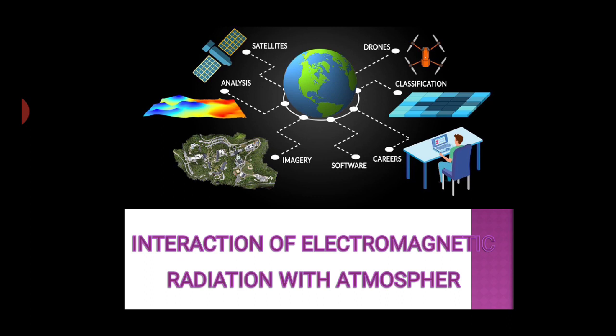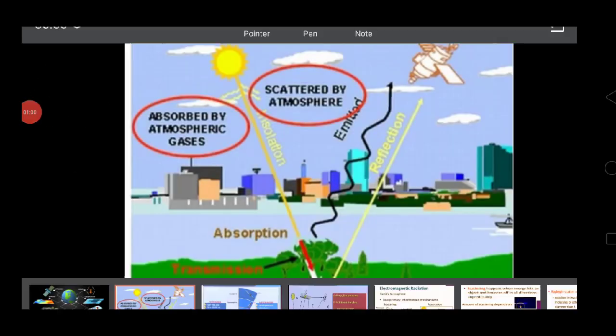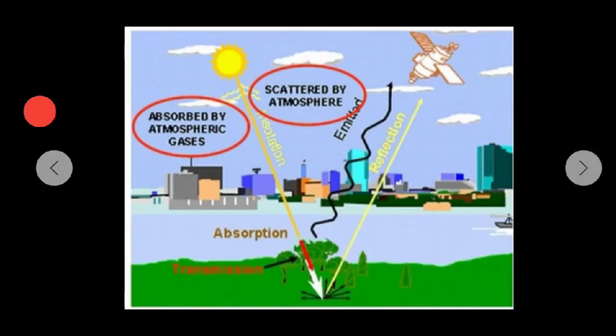Now, before going to how it works with remote sensing, you need to understand interaction of electromagnetic radiation with the atmosphere. So we'll go into the topic now. The sun is the source of electromagnetic radiation. It emits all the radiations.